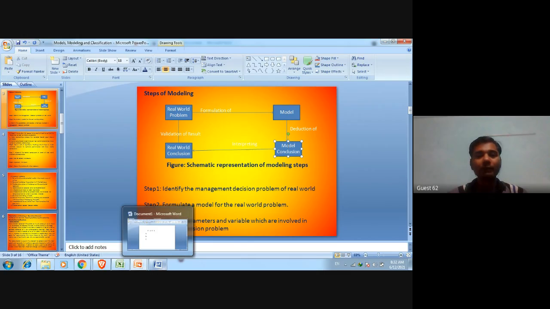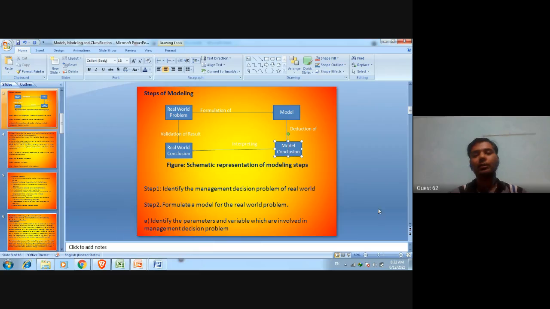Now what are the different steps included in modeling? How will you construct a model? The research methodology part of operations research and modeling phases are interrelated, and many steps will be repeated.